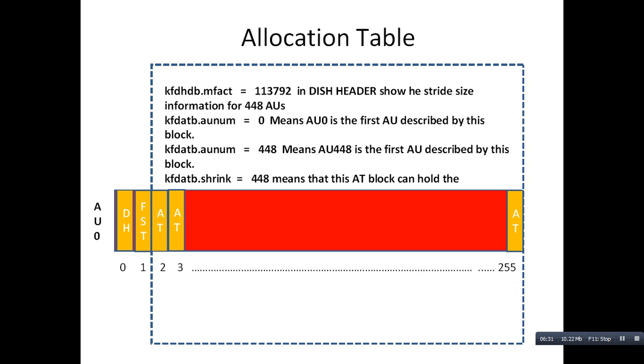If kfbh.aunum equals 448, it means that 448 is the first allocation unit addressed by that allocation table block. The kfbh.shrink value defines the number of allocation units that are addressed by this AT block. If this value is 448, it means that this allocation table block can contain information for 448 allocation units.